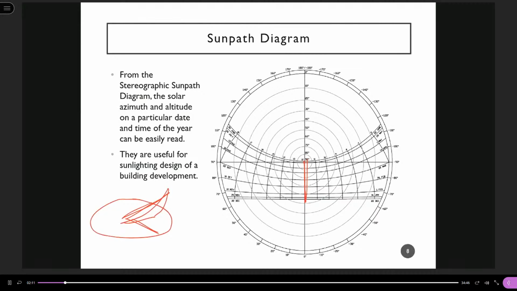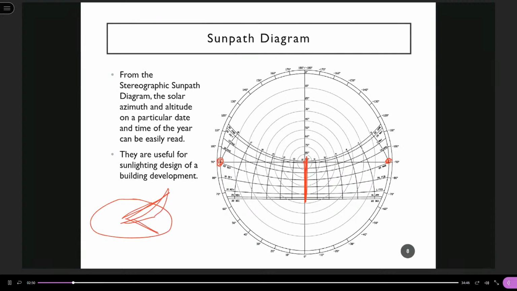Just like it is the sunrise at 6 o'clock clock time, but the sun may not set at 6 o'clock p.m., because these are clock time. But if you are using the solar time, when the sun rises at 6 o'clock in the morning, then the sun must set at 6 o'clock at night, because we are using the solar time, and the solar noon is dividing the daytime into two equal half.